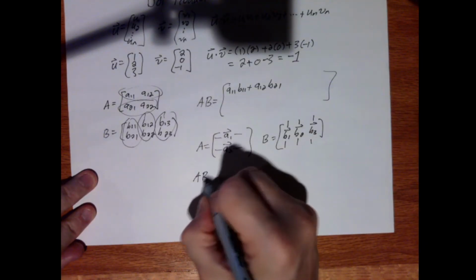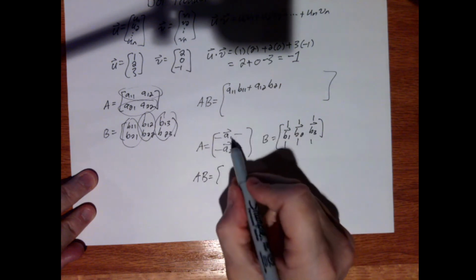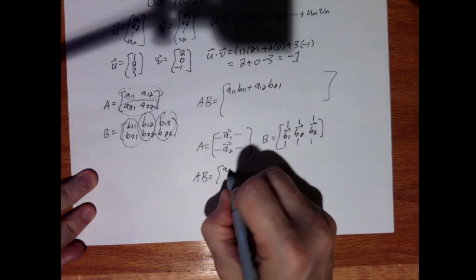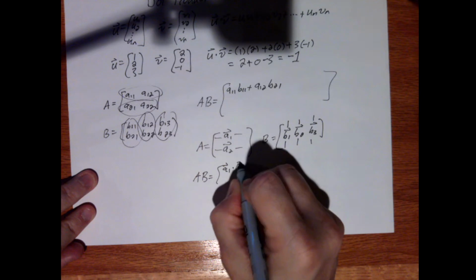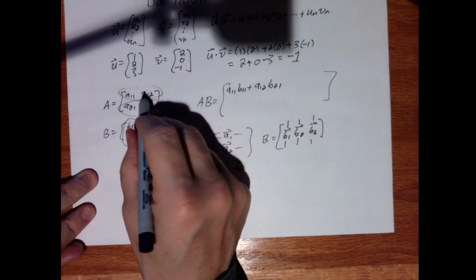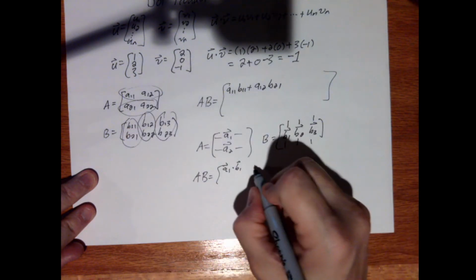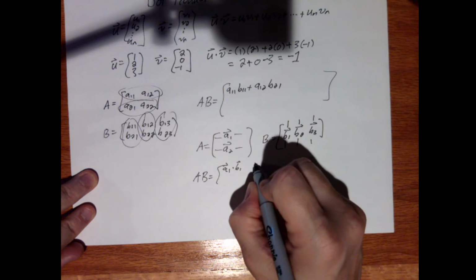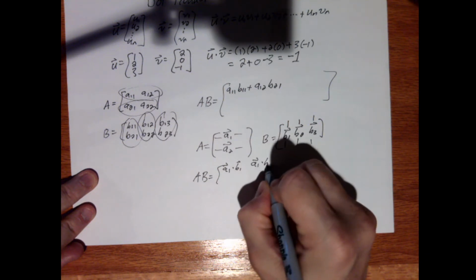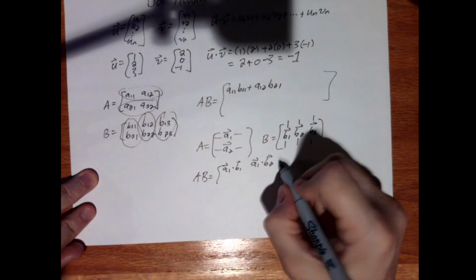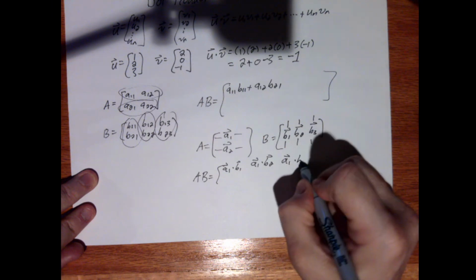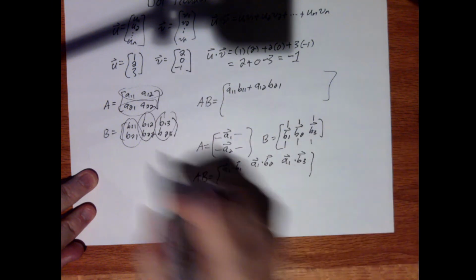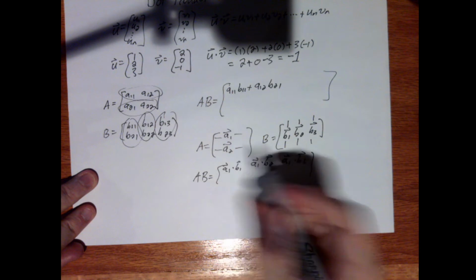Then what is AB? Well, it's A1 dot B1 right here. A1 dot B1. These are vectors. And then row 1 times the second column, right? So that's A1 dot B2. And then A1 dot B3. And then we repeat for the second row of A, which we're calling A2.